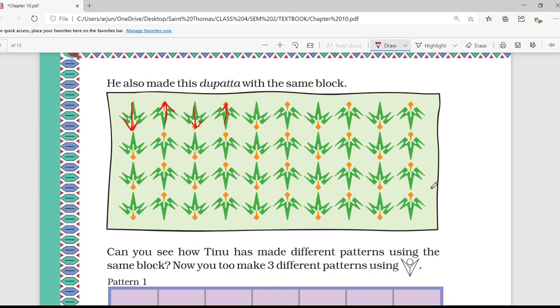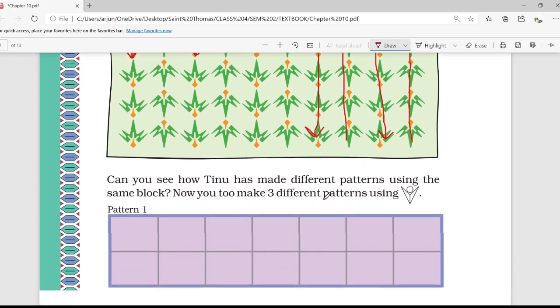Here also the same method is used, or you can also see that this column is in the upper direction, this one is in the lower. See, up, down. This is the direction of the block.